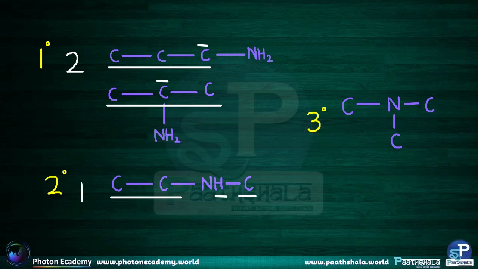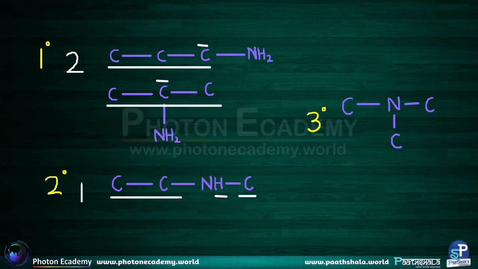And when it comes to a 3 degree amine, I know that the nitrogen atom is not bonded to any hydrogen atom and the nitrogen atom is bonded to 3 carbon atoms. So now I make a structure such that there are going to be 3 methyl groups bonded to the nitrogen atom, and this is the only possible molecular structure for a 3 degree amine.